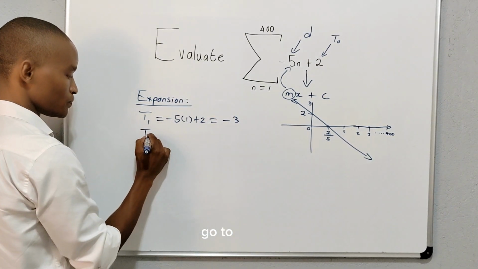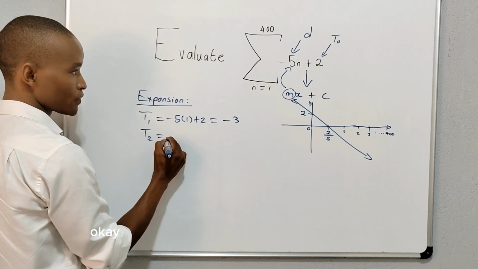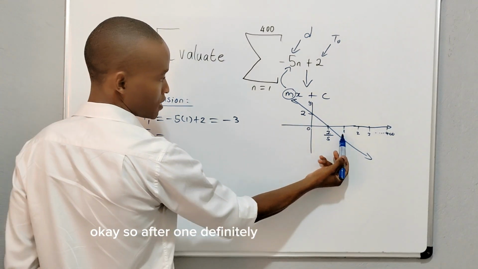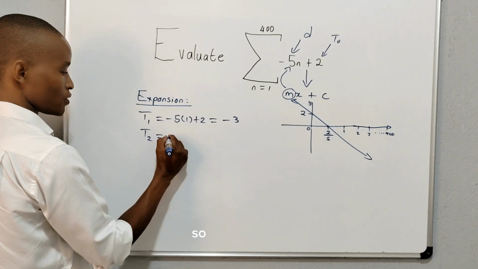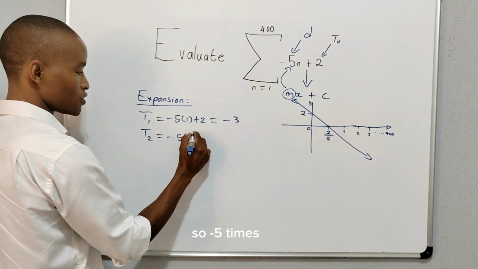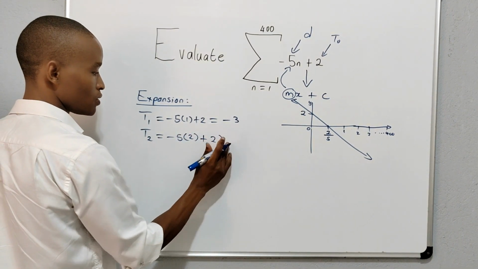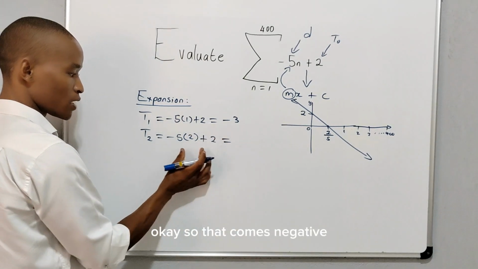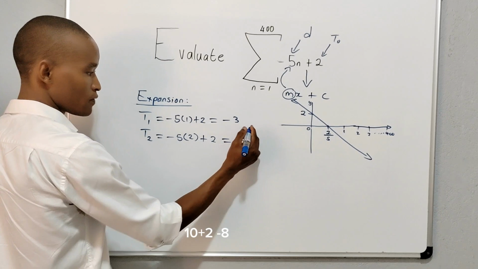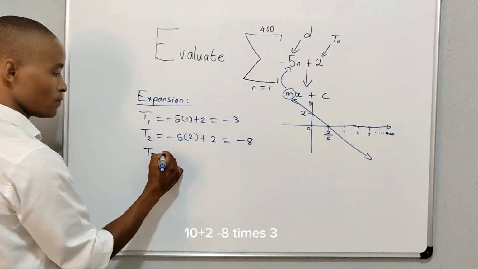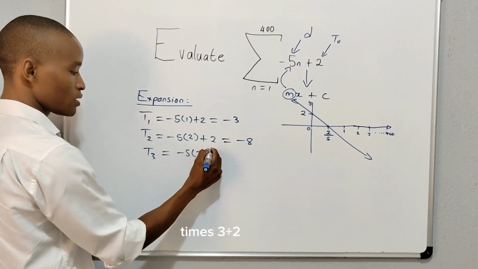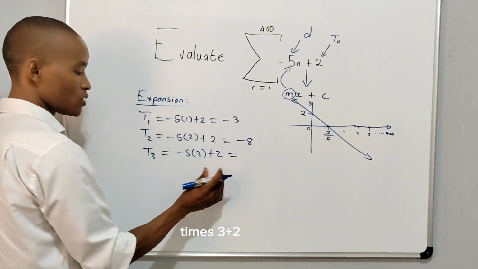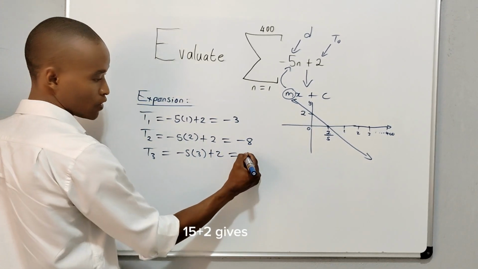You go to term 2, so after 1 your next number is 2, so -5 times 2 plus 2, okay, so that becomes -10 plus 2, -8. Term 3, -5 times 3 plus 2, -15 plus 2 gives you -13.